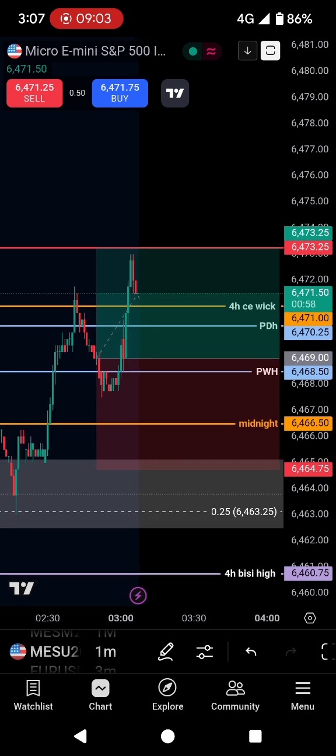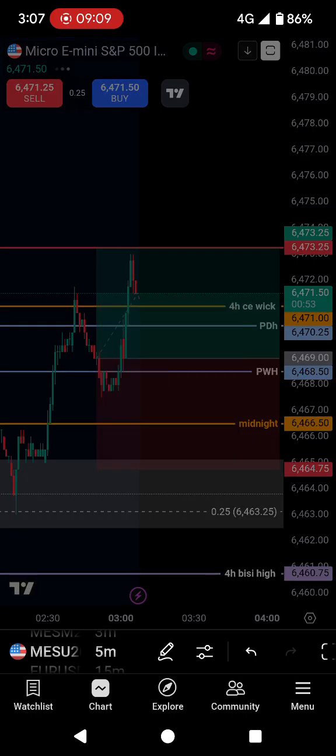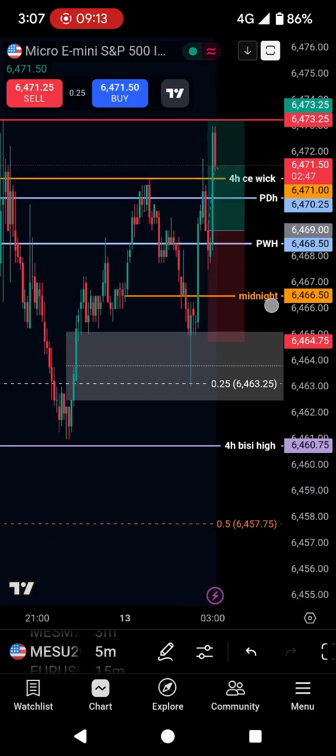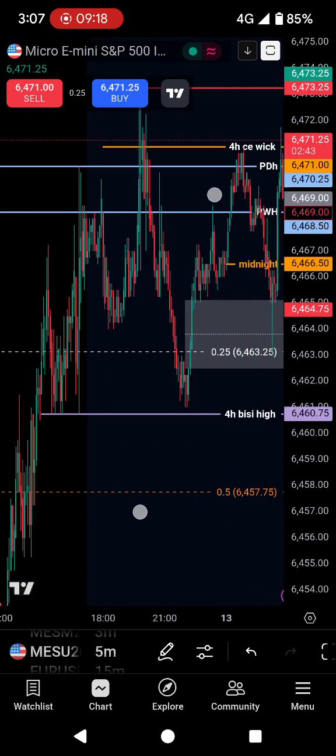So right now we are above the midnight opening price. Buy side here in crosshairs. Sell side here too clean, but it's also the 4 hour BC high.